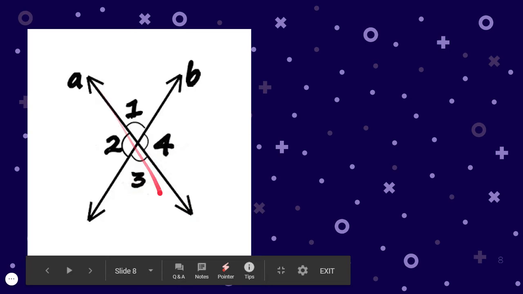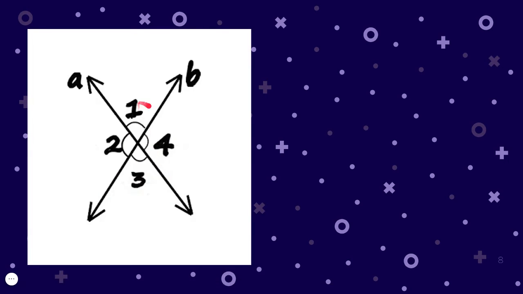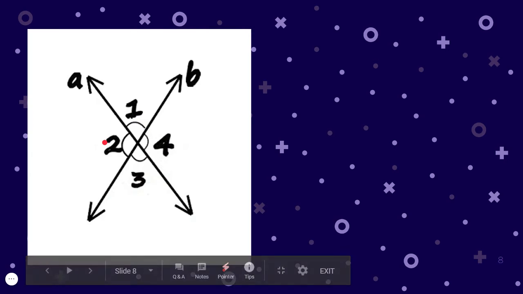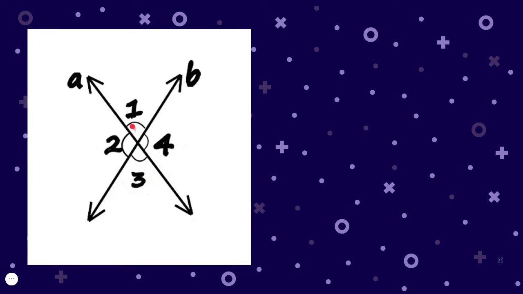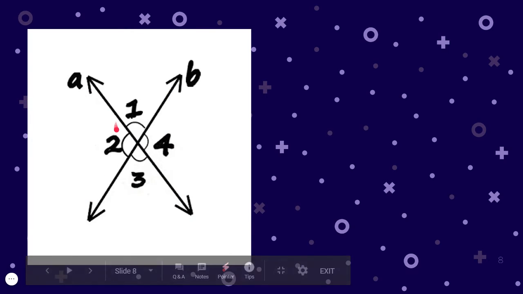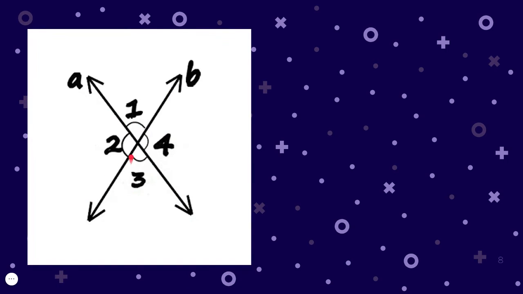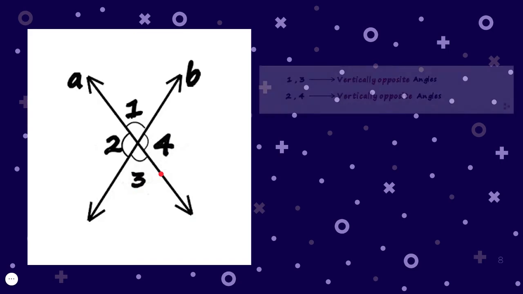As you can see on this picture, you can see two intersecting lines. But here we can see they have given us the numbers 1, 2, 3 and 4 as different angles. This is the first angle, this is the second, this is the third and this is the fourth. So you can see an intersecting line is going to give me 4 different angles.